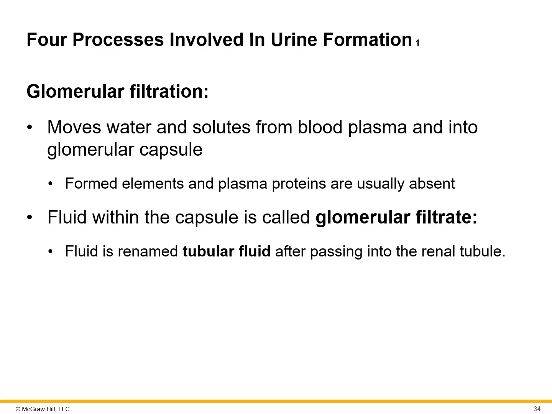Okay, so compared to plasma, the glomerular filtrate should have the same concentration of waste. Because we're trying to make sure that we keep what? We have to make sure that homeostasis is always achieved within the body. Okay, we're going to go to 36.